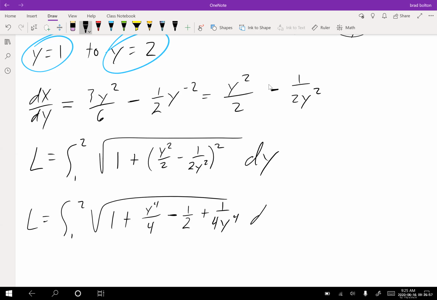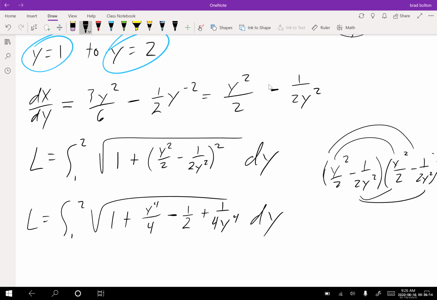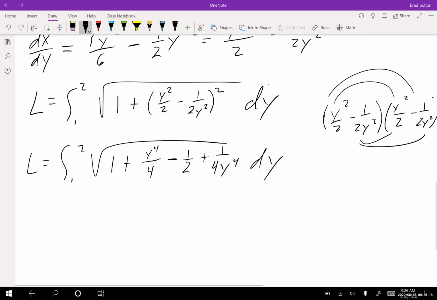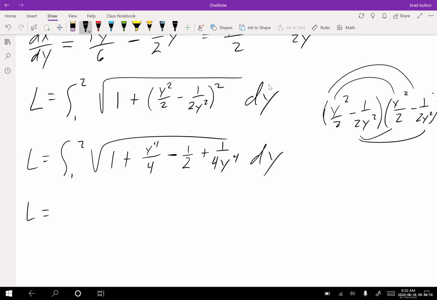And again, if not, you can do y squared over 2 minus 1 over 2y squared, multiply it by another one of itself, and then FOIL it, and you will get the same thing as me. So this actually becomes the integral from 1 to 2 of the square root of y to the 4th over 4 plus 1/2 plus 1 over 4y to the 4th dy.